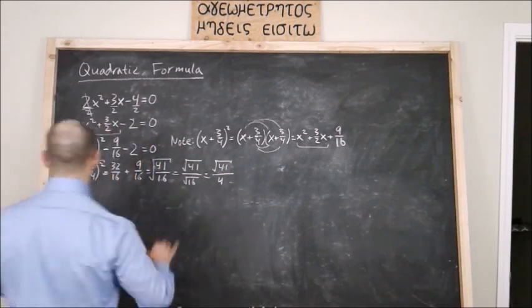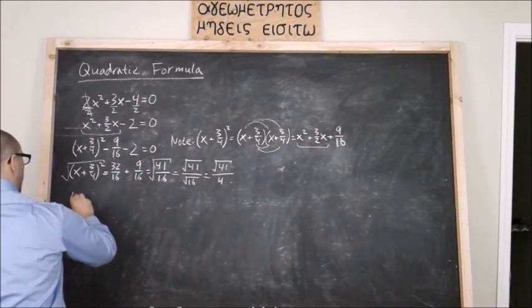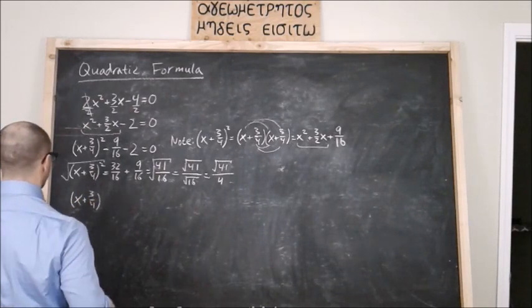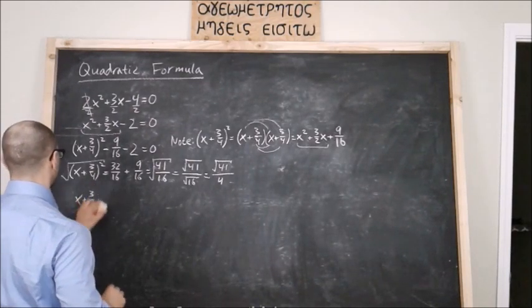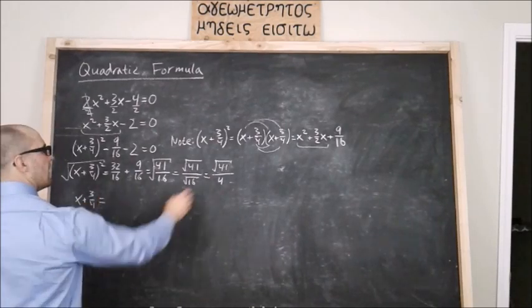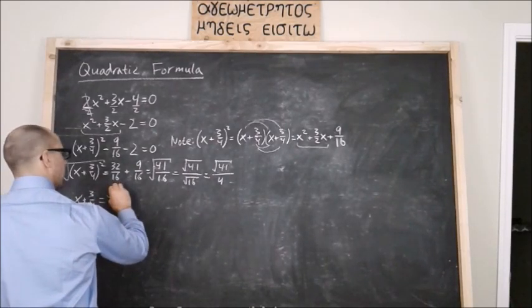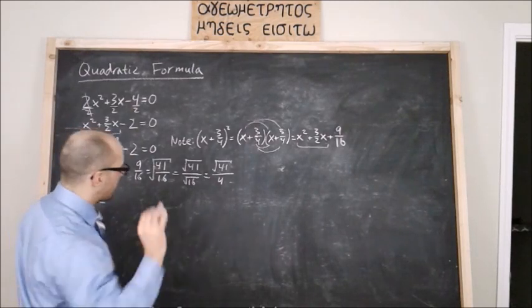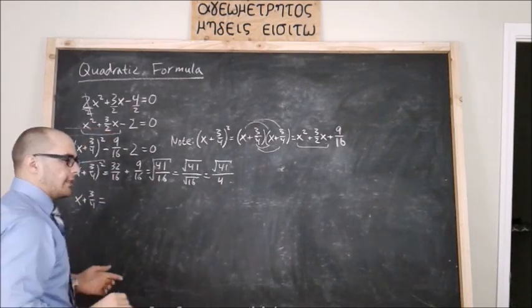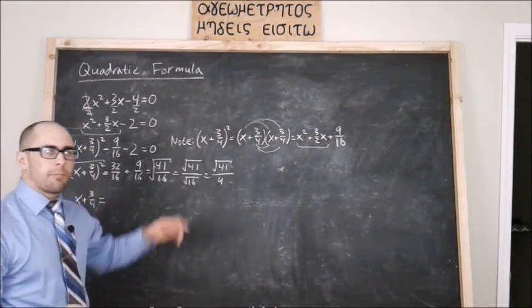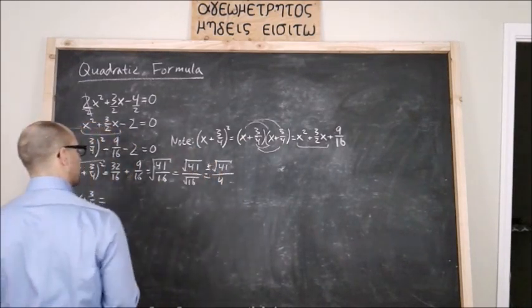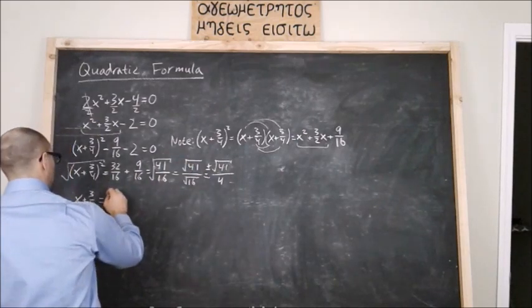Okay, I think we're done here for now. We have x plus 3/4. I guess I no longer need parentheses because I'm not squaring it anymore. That's equal to square root of 41. Well, minor detail here. When we take the square root, it can be positive or negative. So I should technically have a plus or minus sign in front of that.